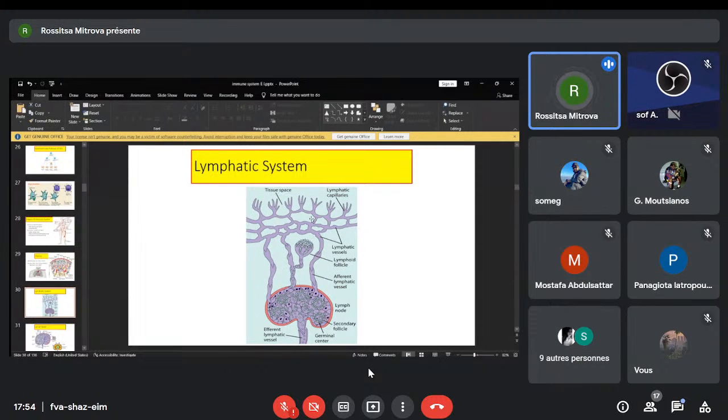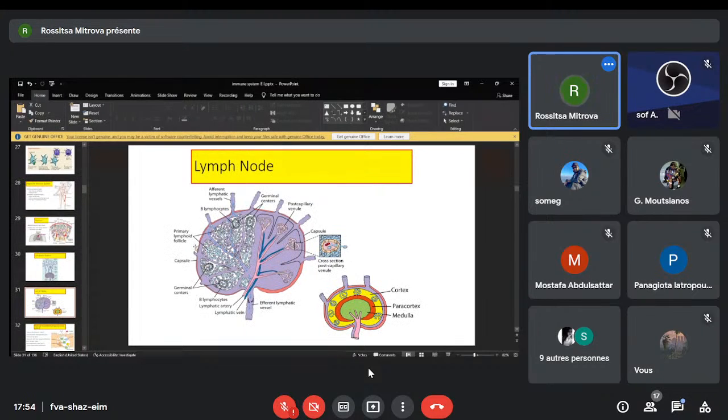Here is the lymphatic system, vessels, and follicle nodes. You will see the schemes with more details. Here is the lymph node with characteristic germinal centers where B lymphocytes proliferate or stay as a depot.